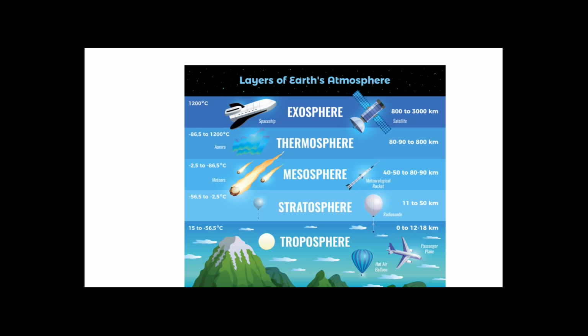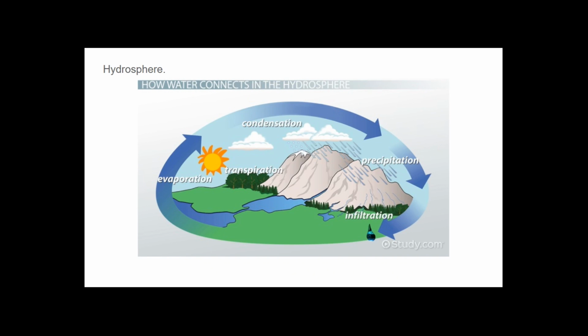In the stratosphere, temperature increases again. In the mesosphere, it goes down again. And then in the thermosphere, temperature increases. And that's the rationale behind separating the layers of the Earth's atmosphere.